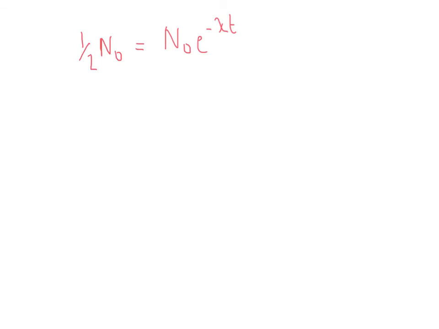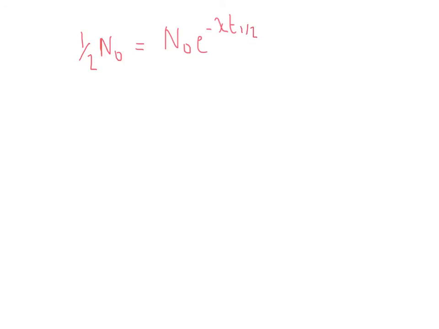Okay, I said that if you were interested I would show you where the half-life relationship comes from. The half-life is defined as the time taken for the number of undecayed particles to halve. So at the half-life, on the left-hand side of this equation, N would be equal to half of the original N0, and t at that point would be your half-life time.